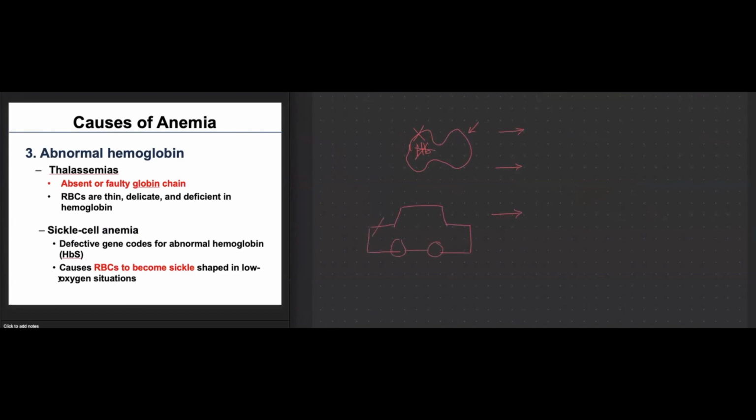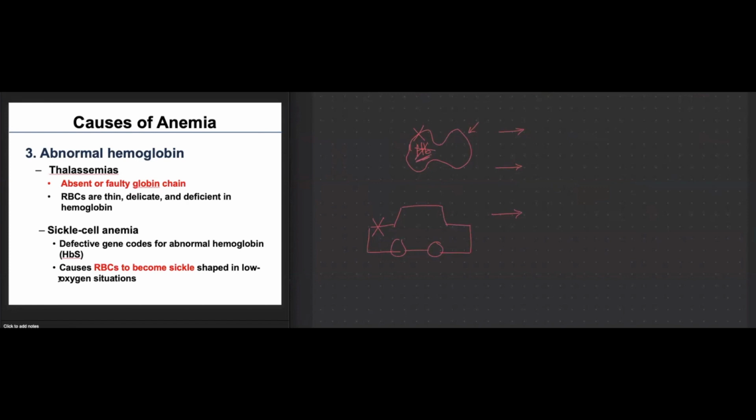I might not have enough cars, or I have defective cars, a low number of red blood cells due to hemorrhage, due to premature destruction. So rather than remaining working for me for 100 days, they will remain only for 50 days. So I have a reduction in the available number of red blood cells. So this will cause low red blood cell count, causing anemia.